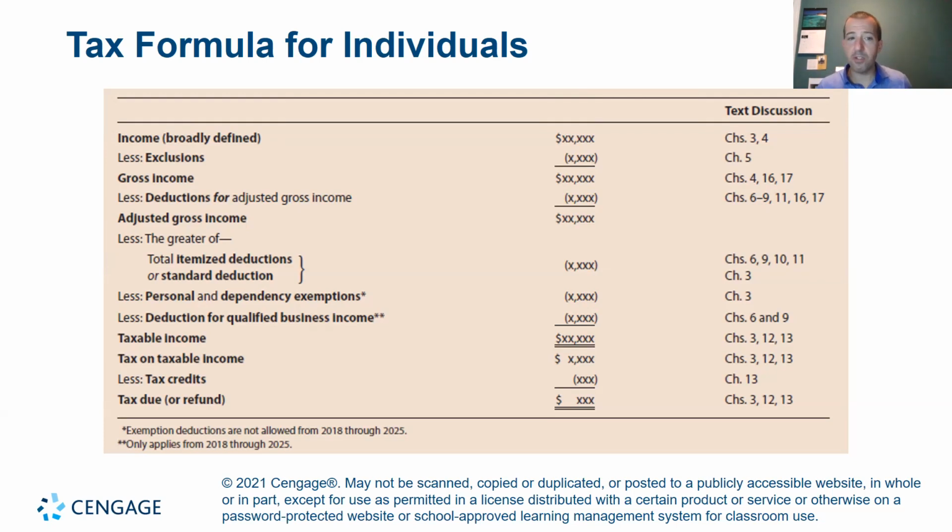There's a whole host of deductions that we can itemize. Or if we don't have enough itemized deductions, we could choose the standard deduction. For the standard deduction, we're using the 2020 rates.